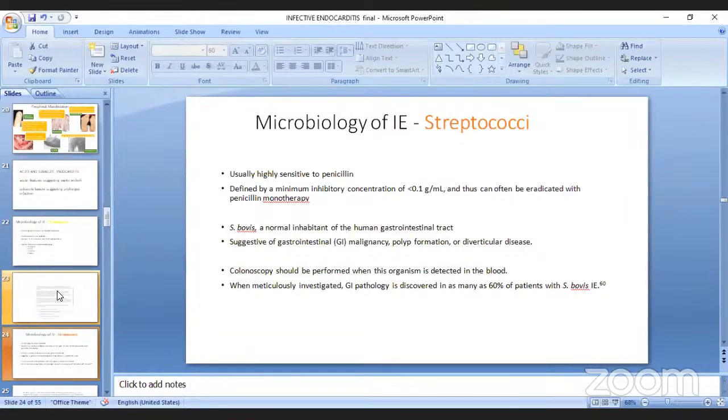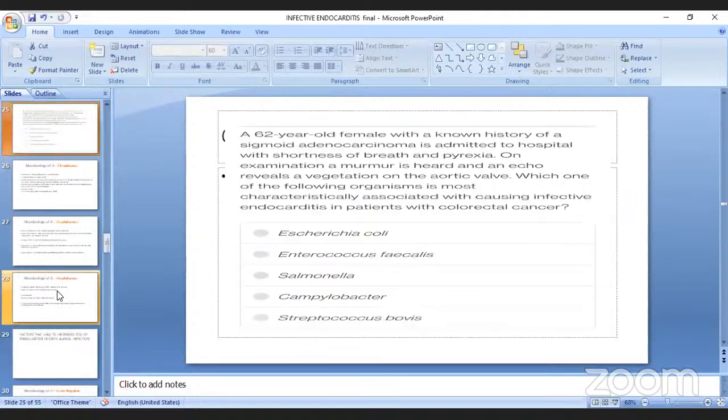And this will answer your question, Pratik, that S. bovis is a normal inhabitant of the gastrointestinal tract. So whenever this question comes to you, your mind should run towards the MCQ where it is written that the patient had undergone colonoscopy, gave a history of GI malignancy, or a past history of polyp. Then you know that yes, this is my organism. You should not forget it.